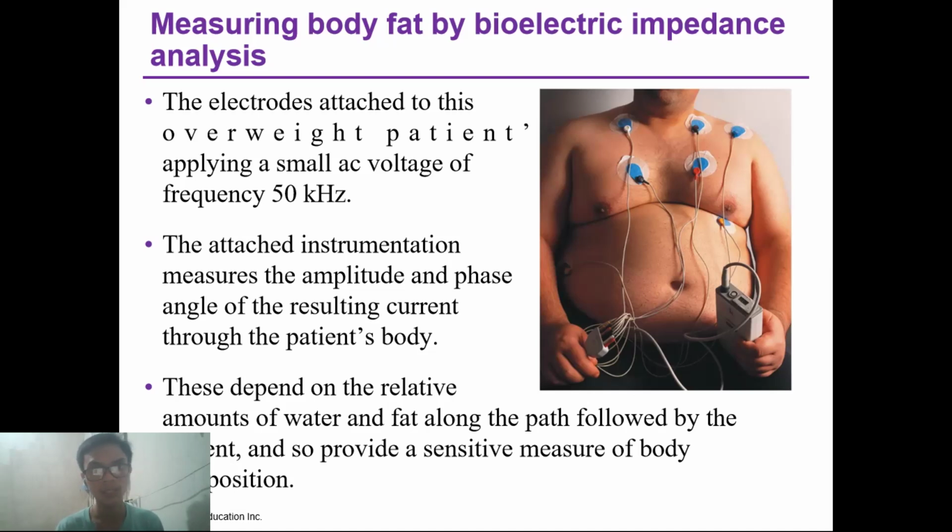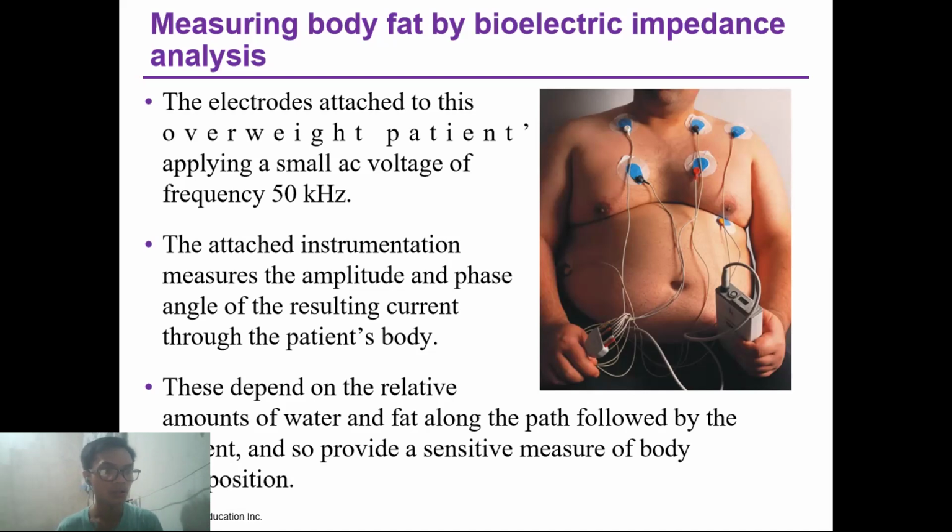The electrodes attached to this patient, based on the picture, apply a small AC voltage of frequency 15 kilohertz. The attached instrumentation measures the amplitude and phase angle of the resulting current through the patient's body. These depend on the relative amounts of water and fat along the path followed by the current and so provide a sensitive measure of body composition.